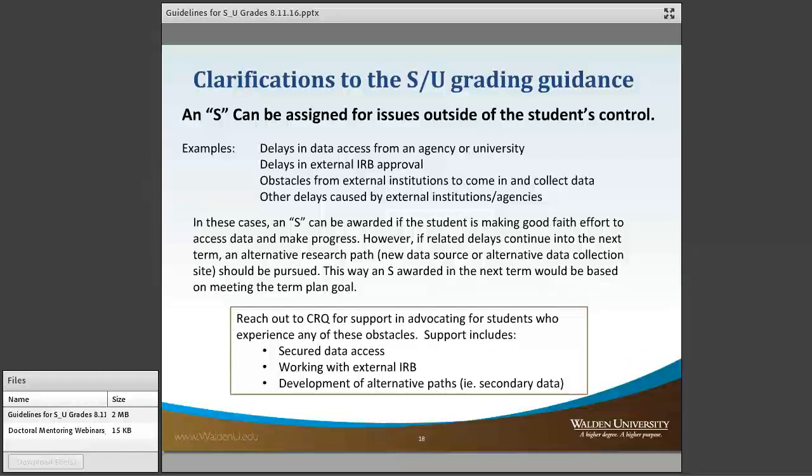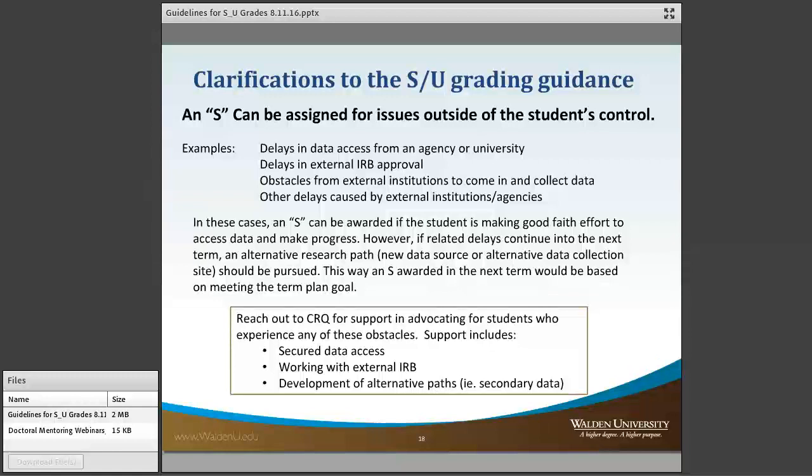If, in fact, the student is truly making good faith effort to access the data and make progress, in these cases, you as the chair can award the student an S because you feel like the student is making good faith effort and the progress that's being delayed is outside of the student's control.